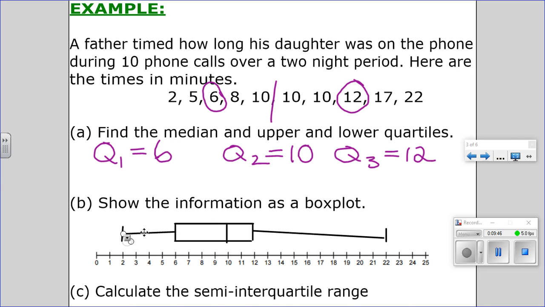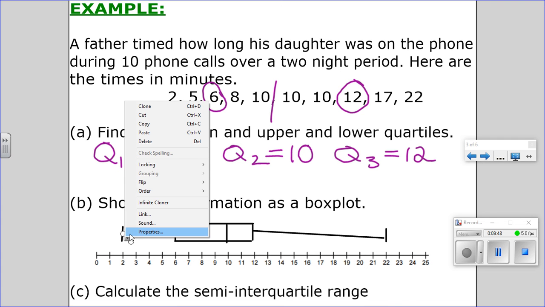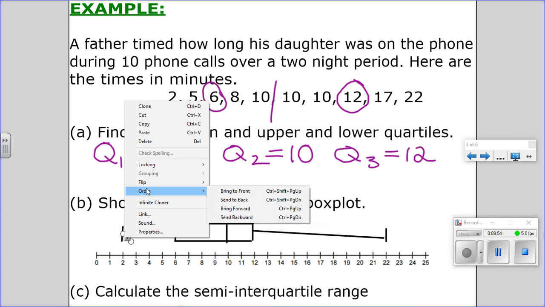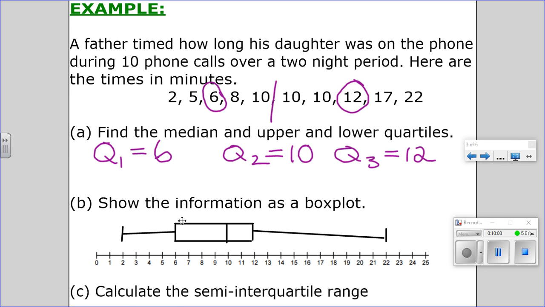Your first 75% really are less than 12, and only the top 25% are going to be above 12. You can see that really clearly from the diagram, so it makes it a really valuable diagram for understanding the spread of your data.